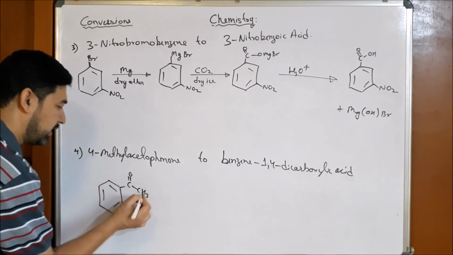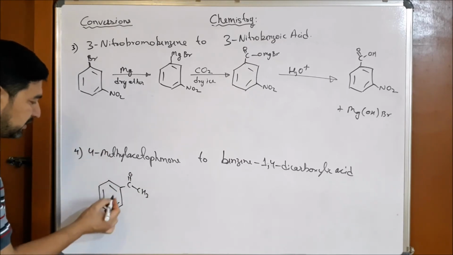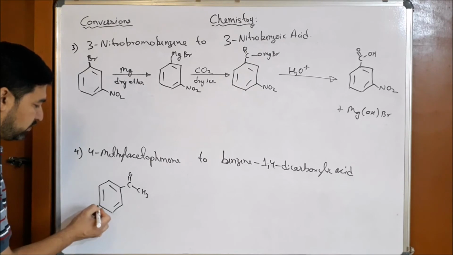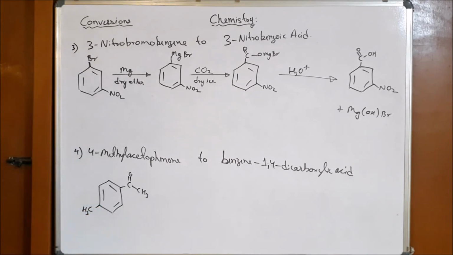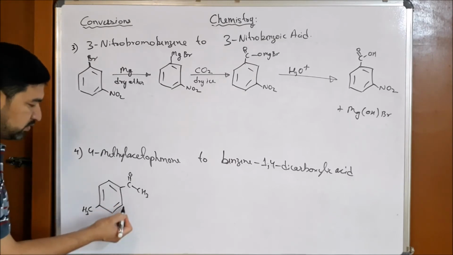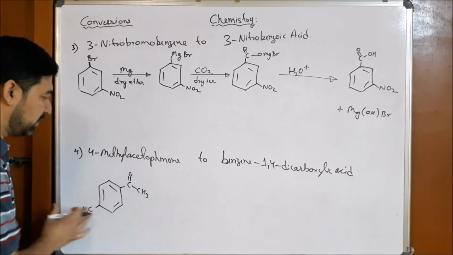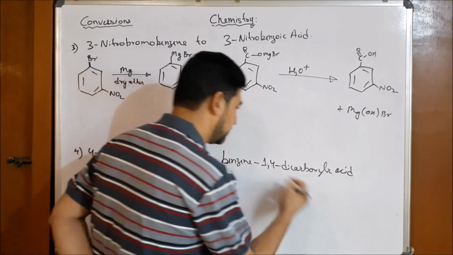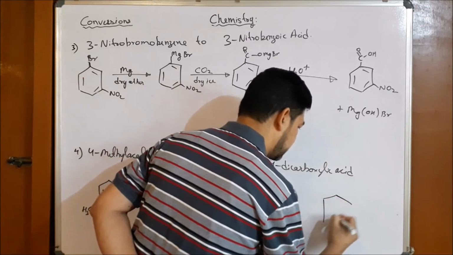So this is your aceto group on the phenone. Then 4-methyl: 1, 2, 3, 4, so we have CH3 here. So this is 4-methyl acetophenone. From here we have to end with the product, benzene with 1,4-dicarboxylic acid.